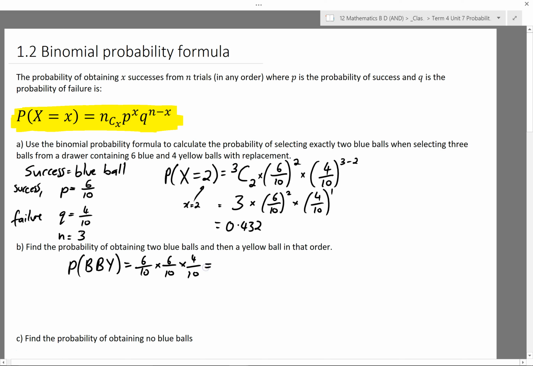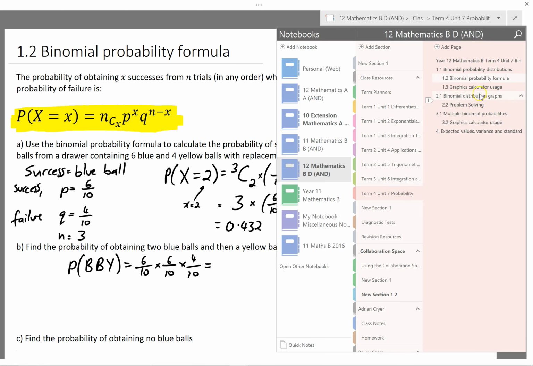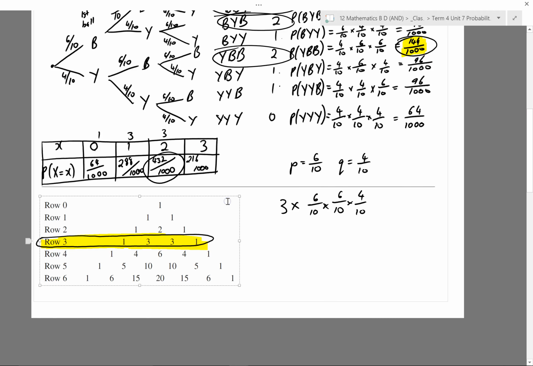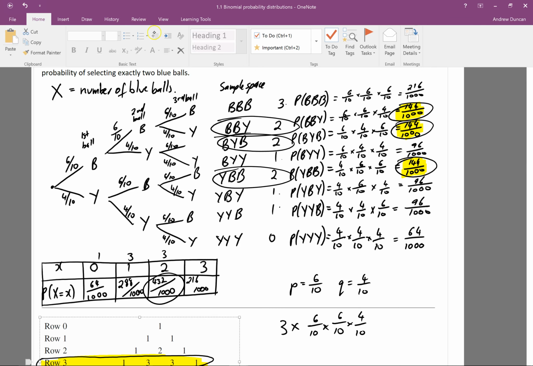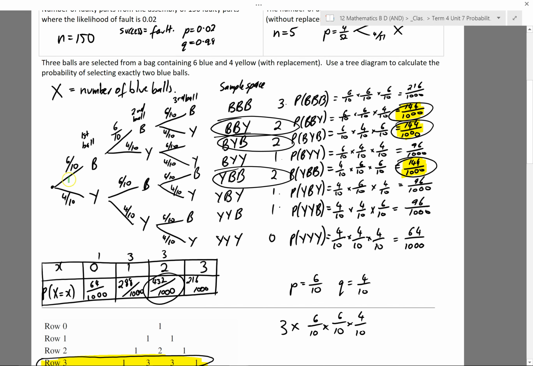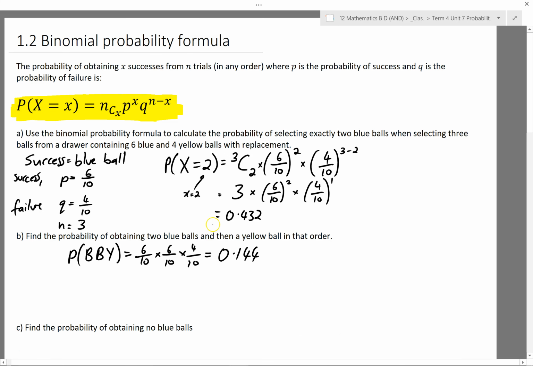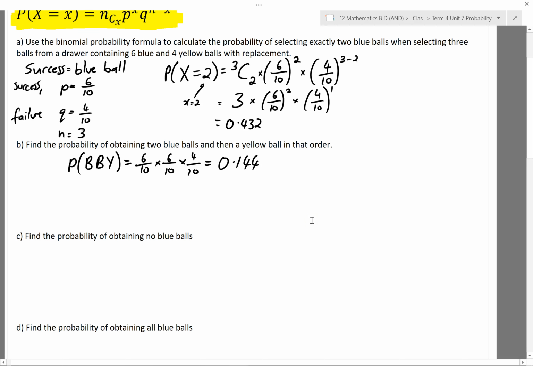So essentially, if you look at your tree diagram, just looking at this one path on the tree diagram, blue, blue, yellow, to get my 144 on 1,000. When you learn a new trick, it's really important to know when you can and can't use that new trick.